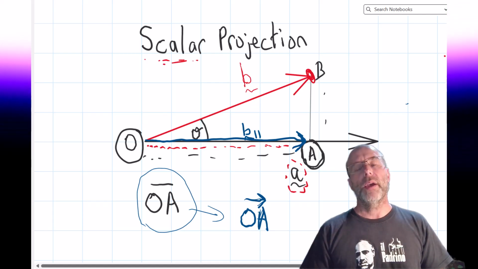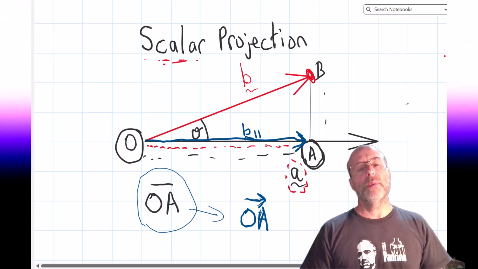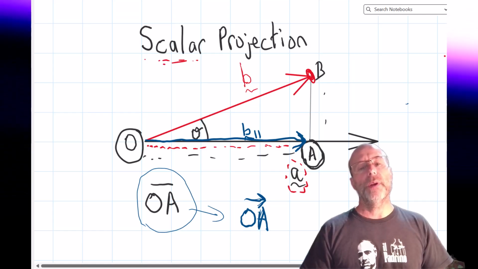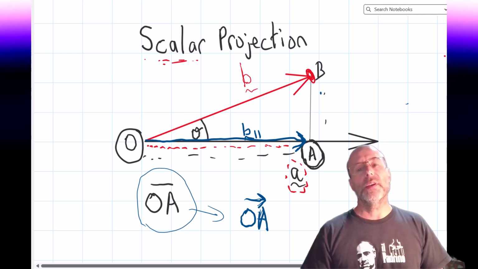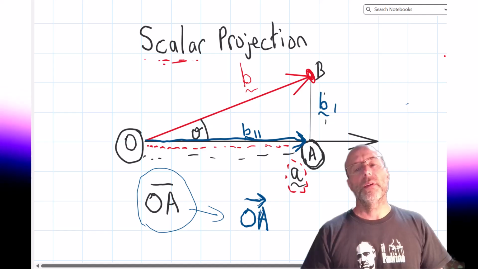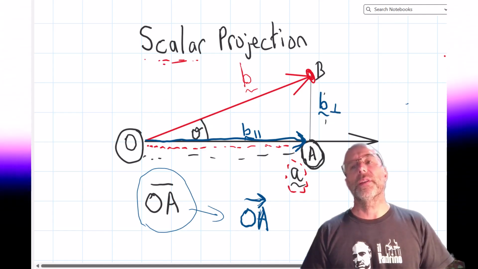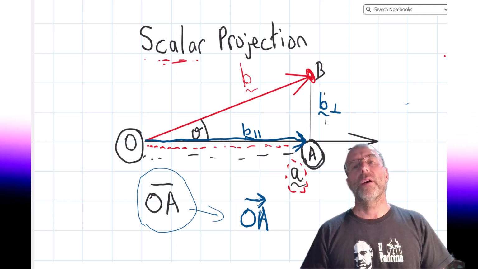Now there are actually two resolutes. We've got one of them there, the parallel one, parallel to A in the same direction as A. The other one is this one here. Now it is perpendicular, so it has the perpendicular symbol there. Can you see it? I hope you can see it.